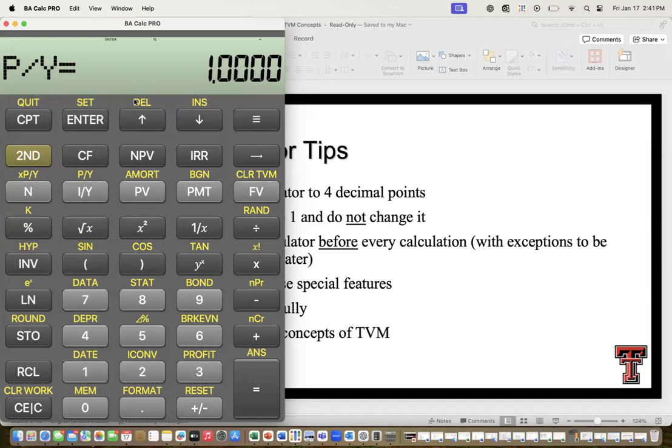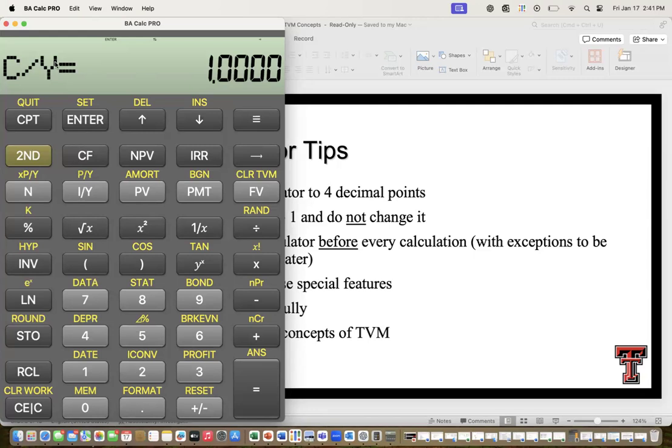Okay, if it's not set to 1 on your calculator, all you need to do is hit the 1 and then enter. And then you can hit the down arrow and it says C/Y equals. That's compounding periods per year equals 1. So same logic from the calculator's perspective as what we just talked about with payments per year. If it's set to 1, the calculator assumes that there's only 1 compounding period per year for the interest rate.